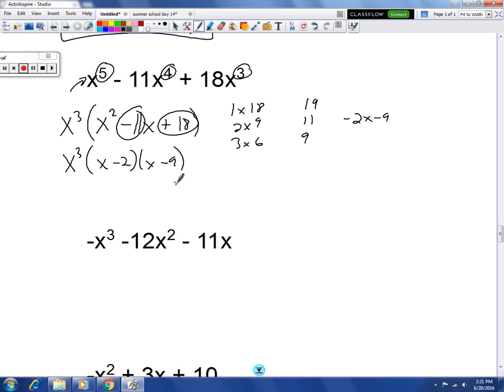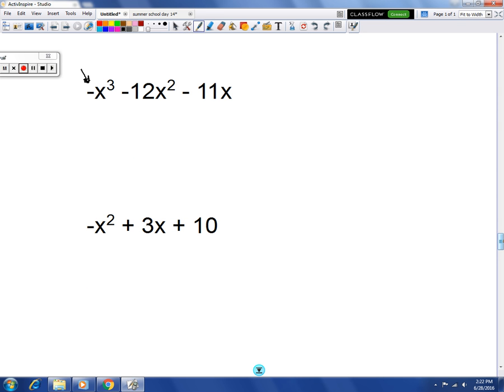Now sometimes it can be a little intimidating to see a negative in front. But look, we got x is here, x is here, x is here. So common factoring. Do that common factoring, and sometimes what's left will not be factorable.